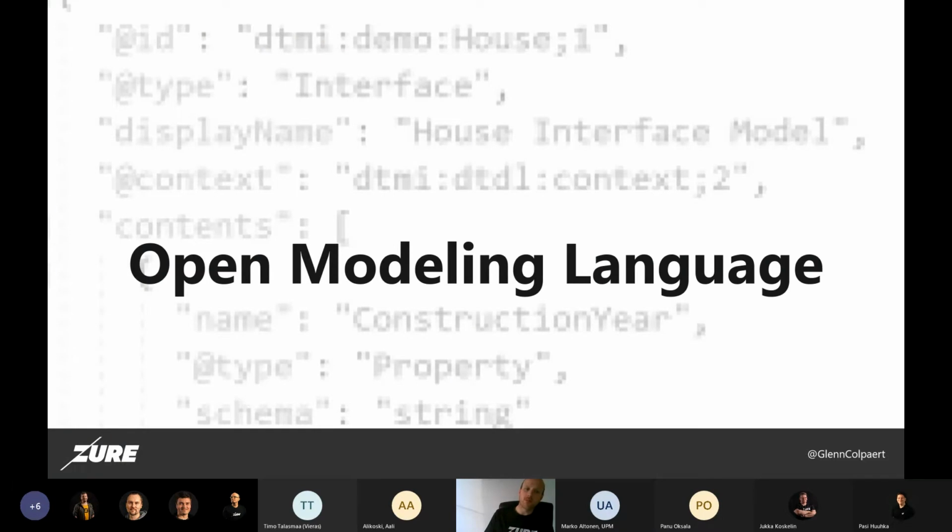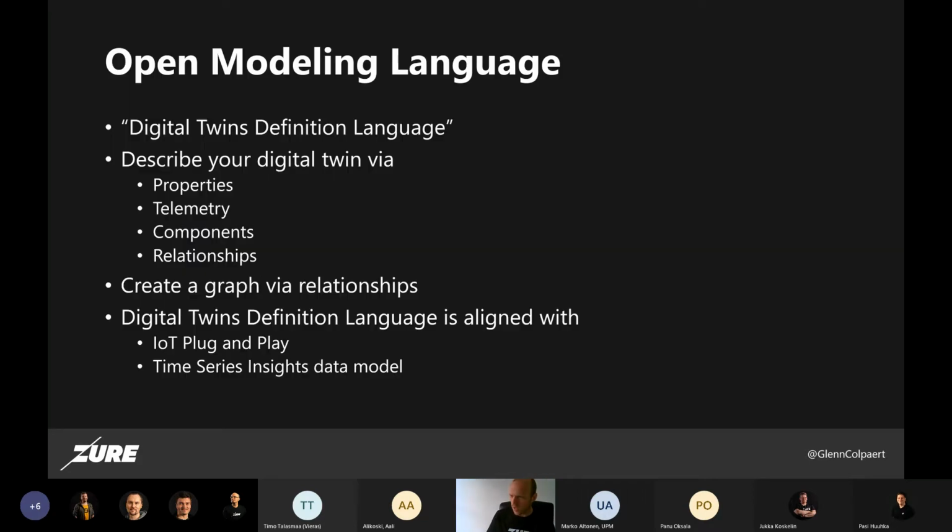So let's first of all talk about the open modeling language, which basically forms the core of your digital twin. You can create custom domain models using the Digital Twin Definition Language.